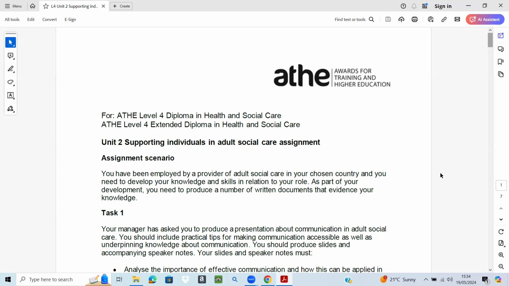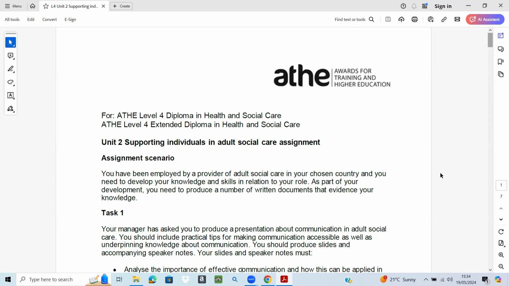We also discussed person-centered care approaches. The person-centered care approach is very important in overall health and social care, and it doesn't matter whether it's for adults or for children, overall we apply person-centered approaches.